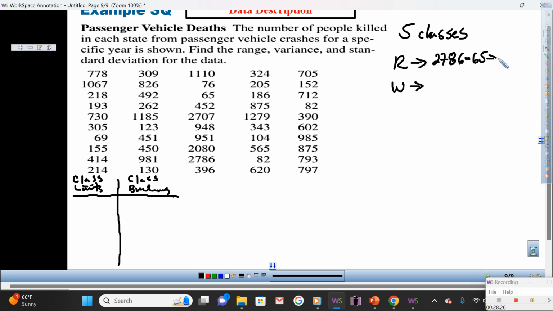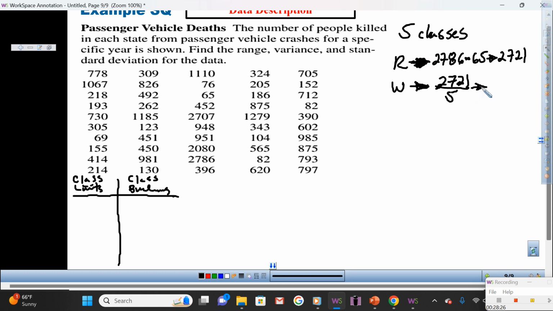So my range is 2,721. Okay. Therefore, how do we find our width? 2,721 divided by 5, which are the classes.